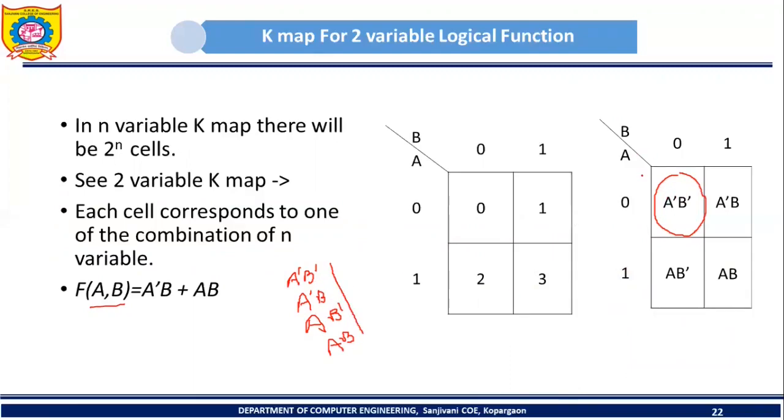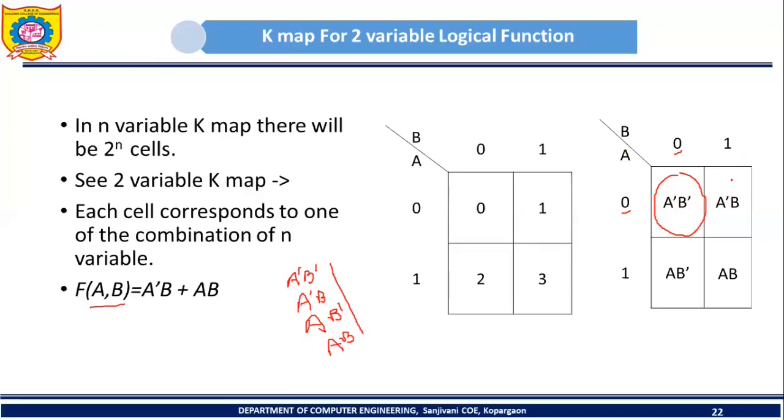For this cell, what is the value of A? The value of A is 0. What is the value of B? The value of B is 0. So A and B are both 0 for this cell. This cell should correspond to which input combination? Yes, it is A prime, B prime. Here we have taken the complement of both variables.